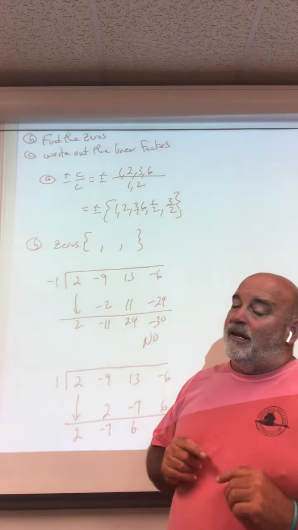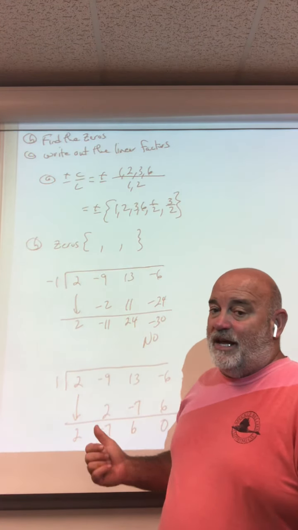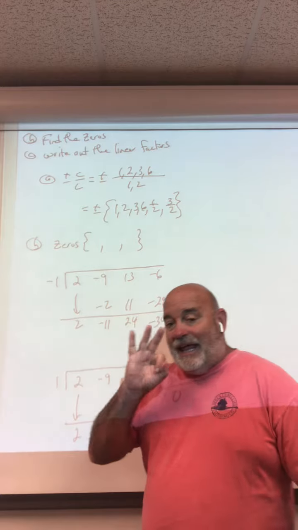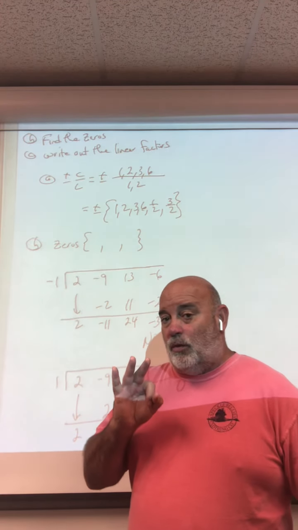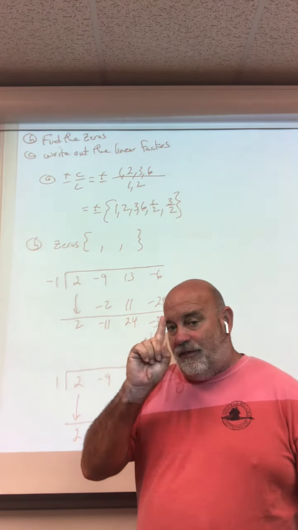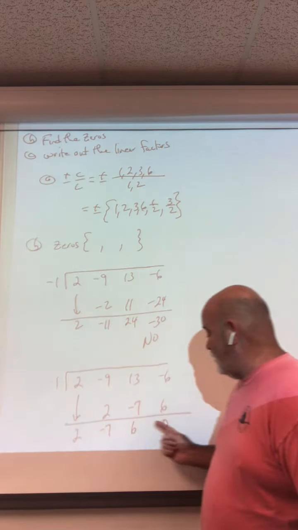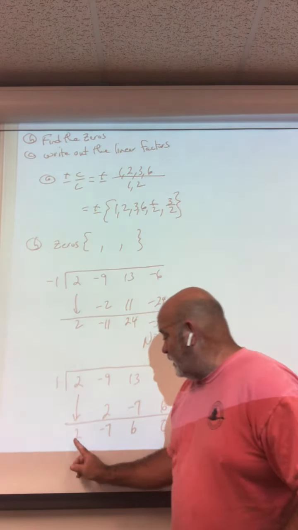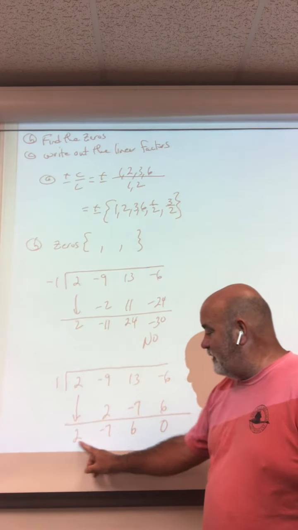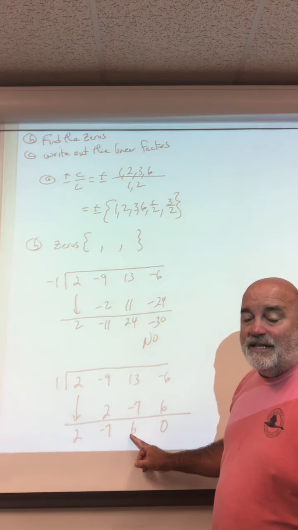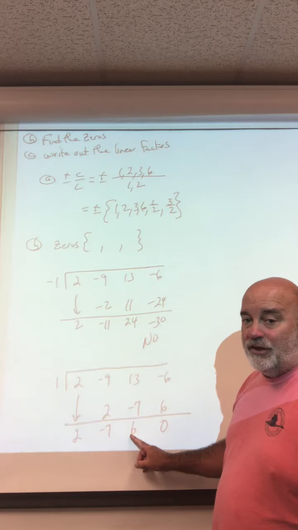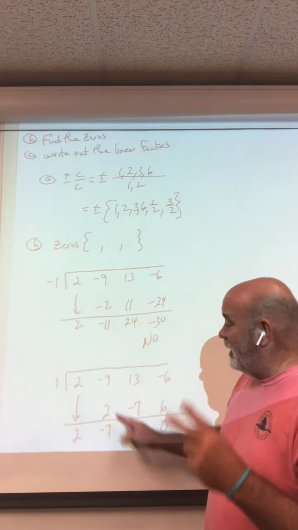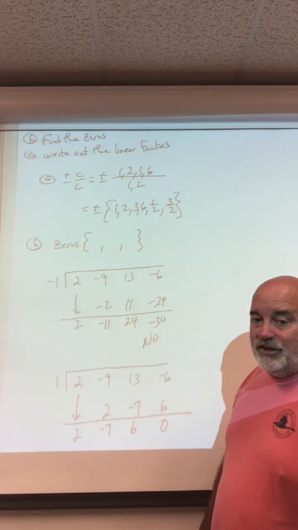Now, this is what I was making reference to a while ago, but I want to say it again here. In any third degree polynomial, once you find the first 0, you can stop. Here is why. Look at this answer right here. This answer right here is a quadratic equation. It's a second degree because you've done synthetic division on it.